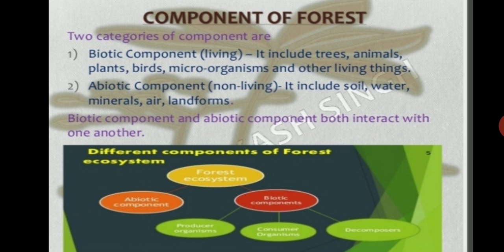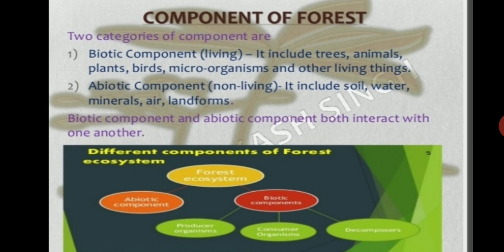Components of a forest. A forest consists of many components. These can be broadly divided into two categories: biotic components and abiotic components. These are the same as the components of the environment, the ecosystem. Biotic components are the living components and abiotic components are the non-living components.